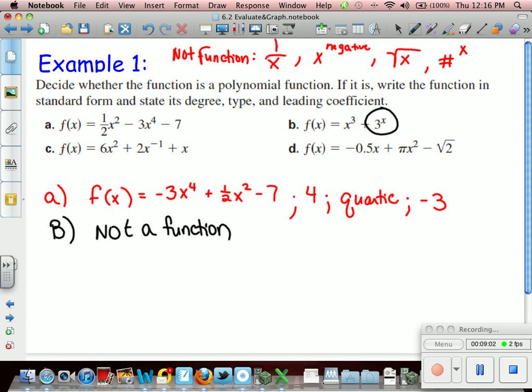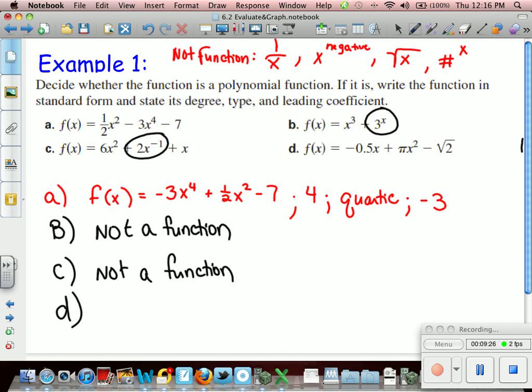All right, on C, you said it's not a function. Why did you say that? There is a negative exponent, which means that variable goes to the denominator, so it's not a function. All right, and D. Function or not a function?